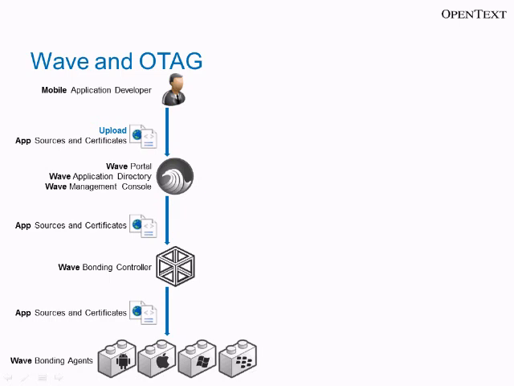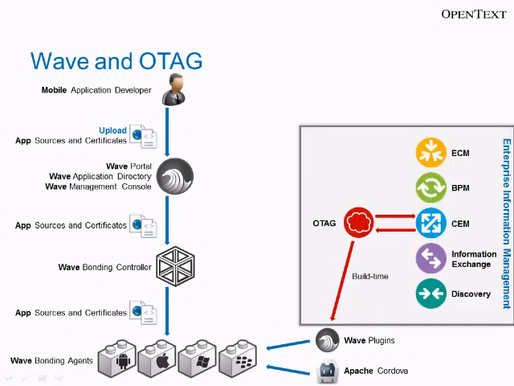So the bonding agents, at build time, will pull in the Apache Cordova APIs and the Wave plugins to build an application binary. Now these Wave plugins could use OpenText services. The OpenText services connect into our enterprise information management environment.